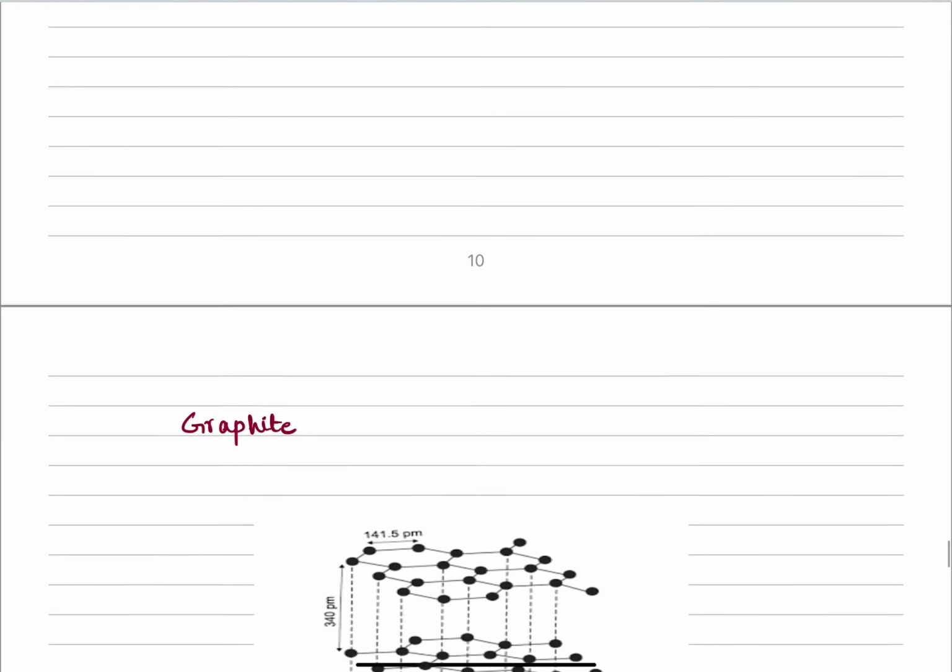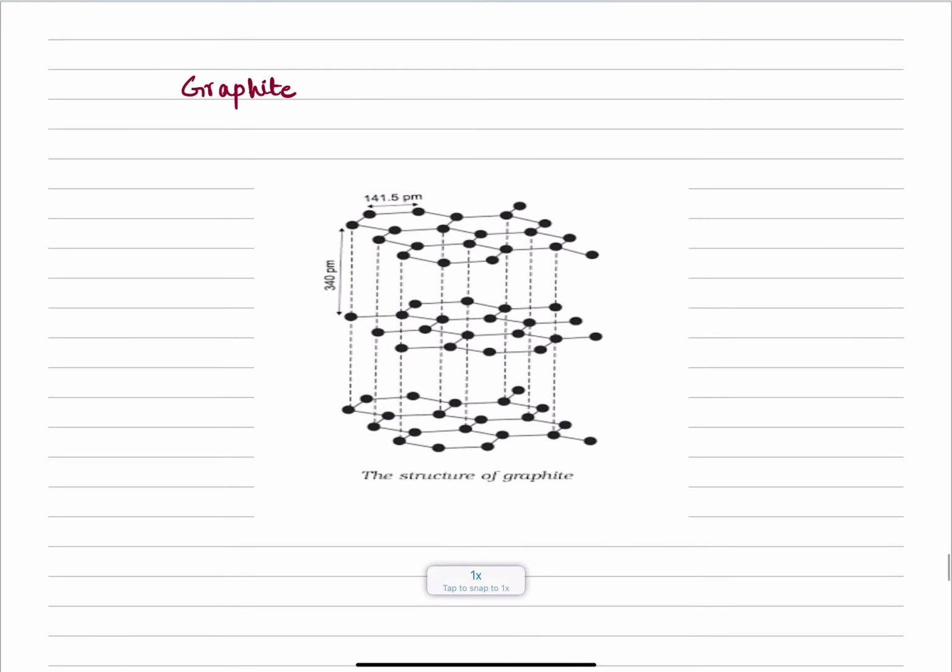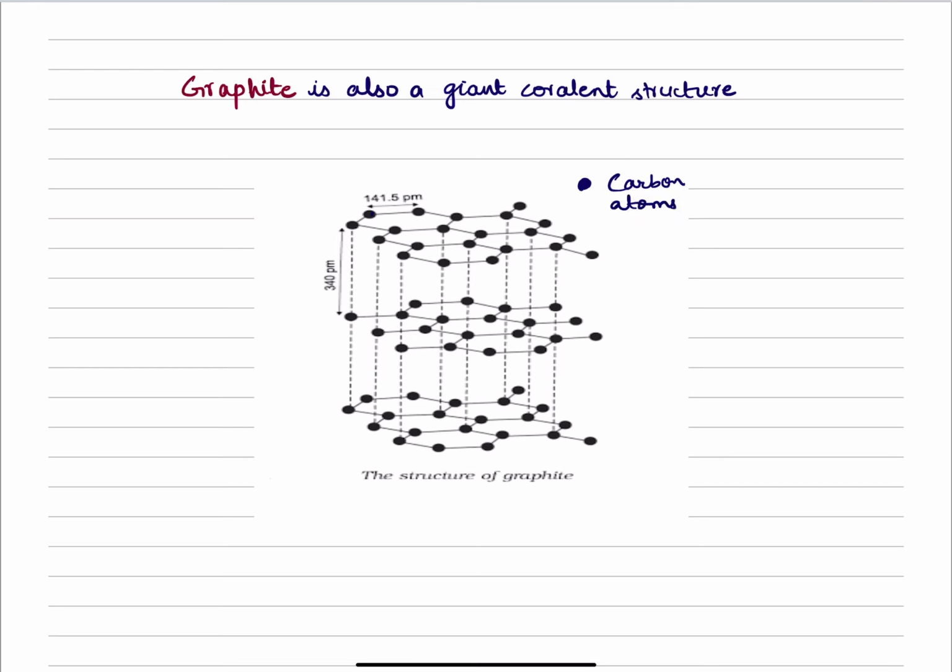So let's look at graphite now. Graphite is also a giant covalent structure, and graphite is also an allotrope of carbon. These black dots are carbon atoms. But what's different in diamond and graphite? In diamond, each carbon atom was covalently bonded to 4 other carbon atoms. In graphite, each carbon atom, you can see, is covalently bonded to 1, 2, and 3 carbon atoms.